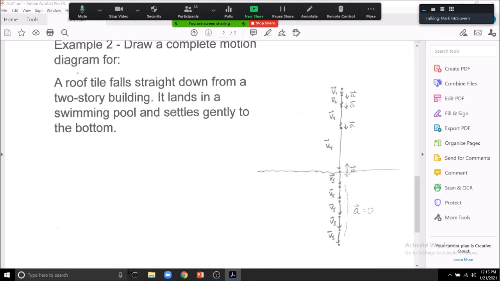And so I have an acceleration vector here that points upward, indicating that we slowed down a little bit. Now, that's not explicitly stated in the problem, but it's a very reasonable assumption to make because that's just how things work. So, a reasonable assumption that you can justify yourself is fine.